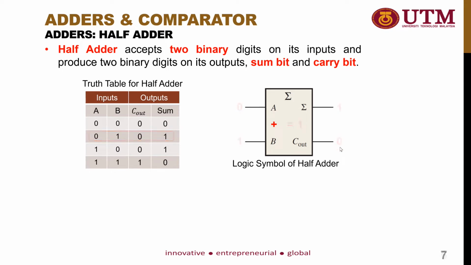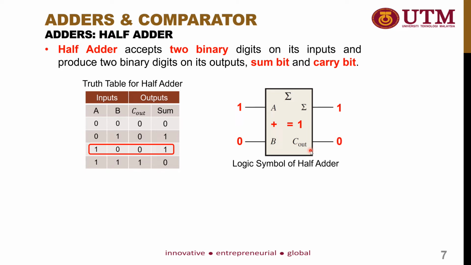Next is when A is equal to 1 and B is equal to 0. So 1 plus 0 will be equal to 1. Still, the output doesn't have to be in 2 bits, so 1 goes directly to the sum and there is no carry, so the carry out will be 0.